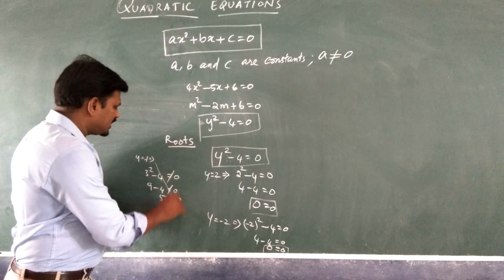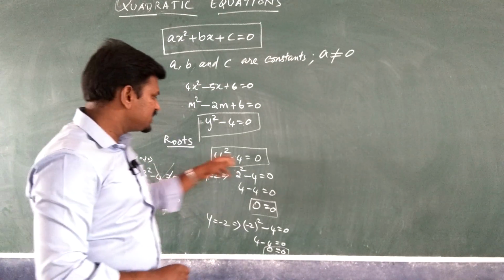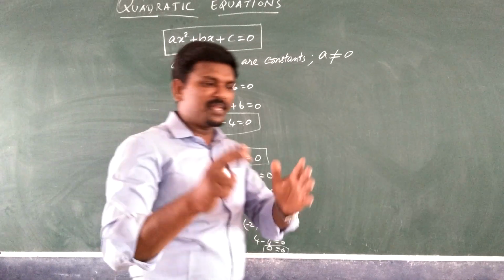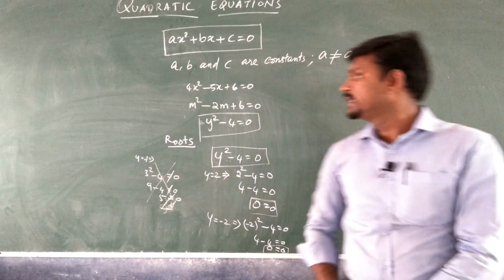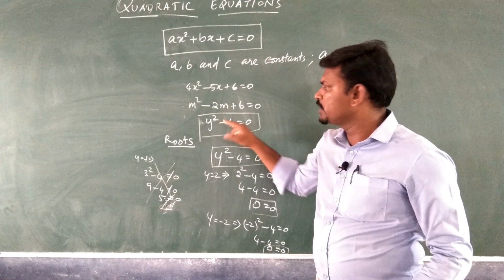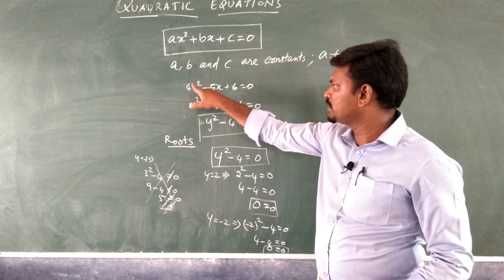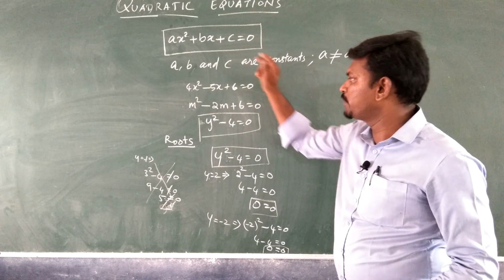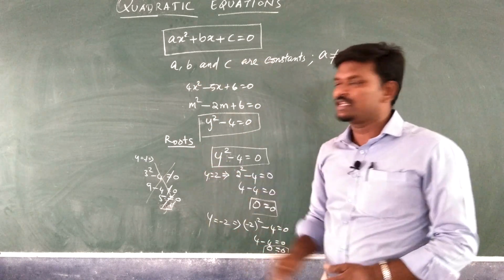So 3 does not satisfy this equation. So 3 is not a root of this equation. So root means when we substitute some value for the variable in the equation, the answer becomes 0, then that particular number is called a root of the equation.